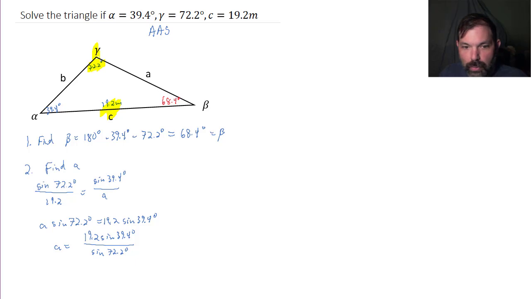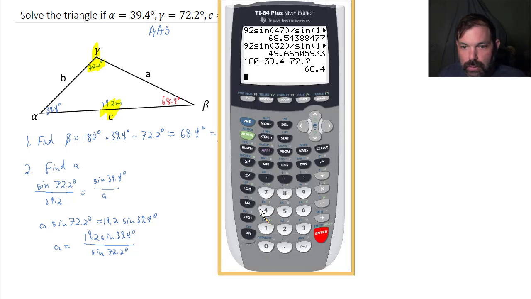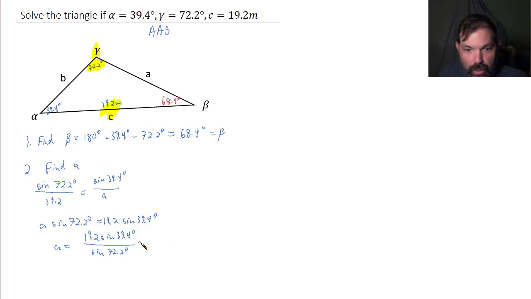All right, and we bring up our calculator. A is approximately 12.8. What are the units here? Meters.